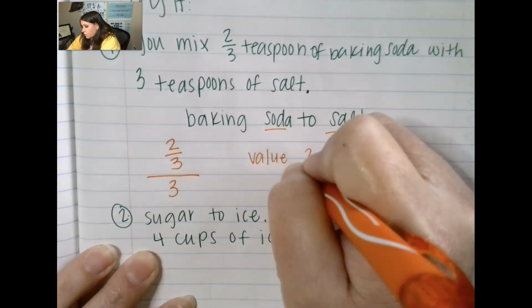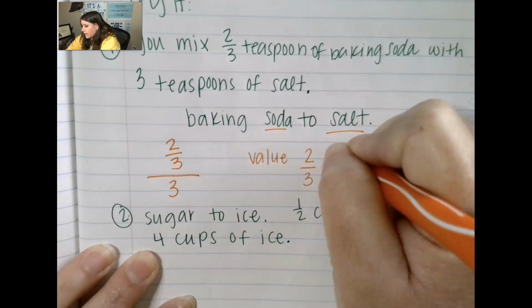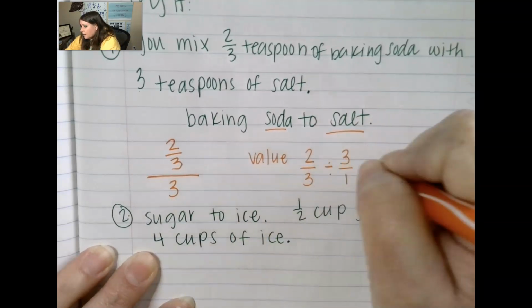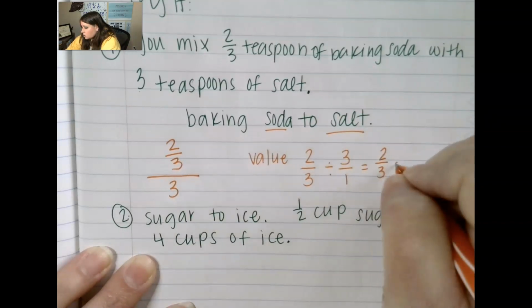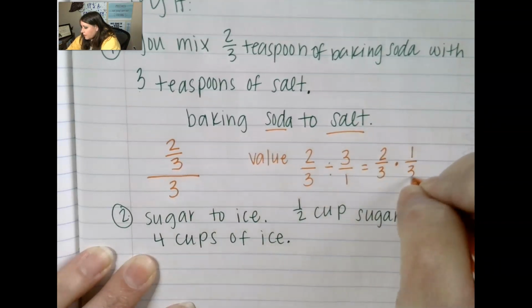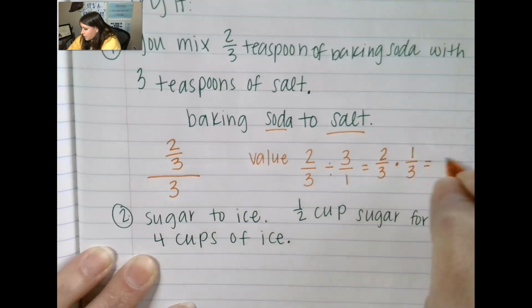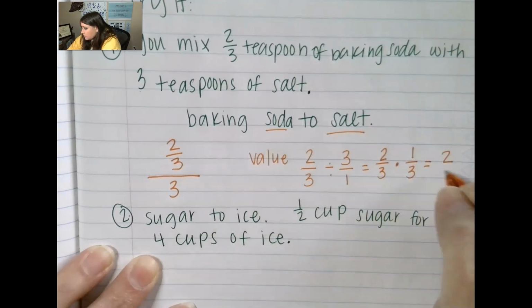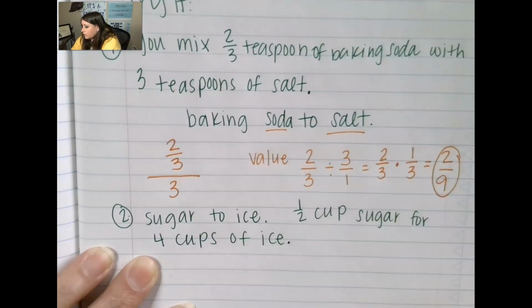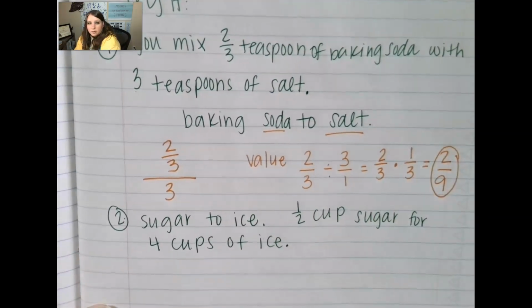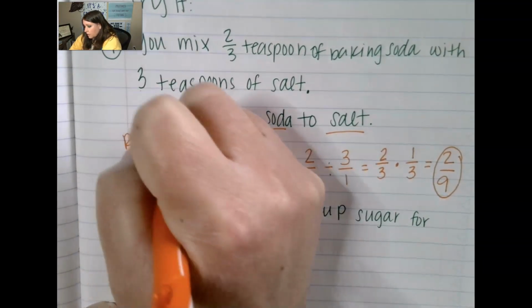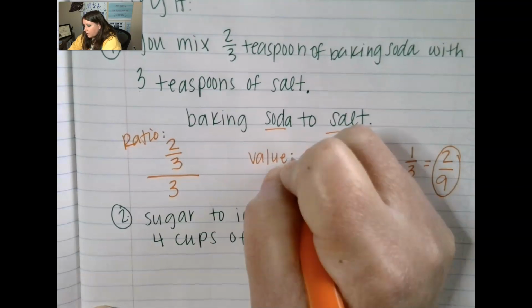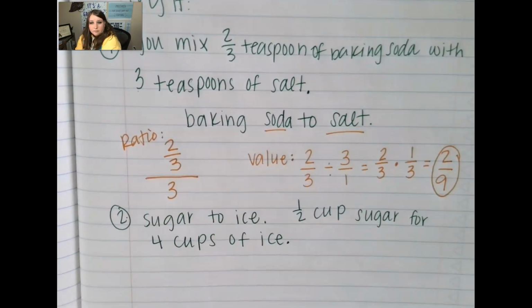So I do 2/3 divided by 3/1, which gives me, keep it, 2/3, change it, and flip it. 2 times 1 is 2, 3 times 3 is 9, 2 out of 9 is the value of my ratio. So first make your ratio, and then find the value with division.